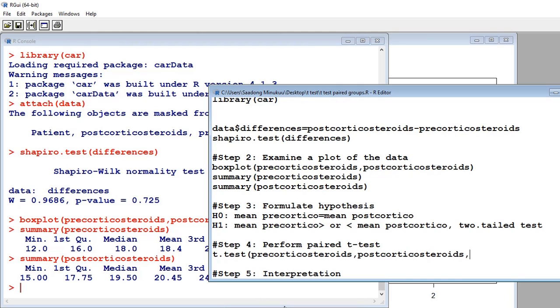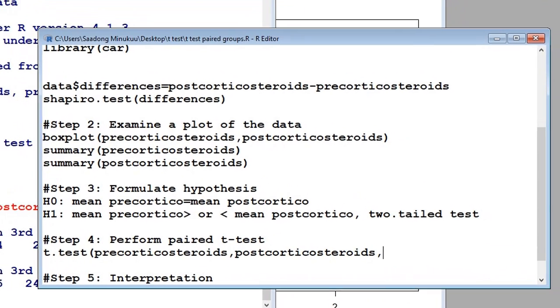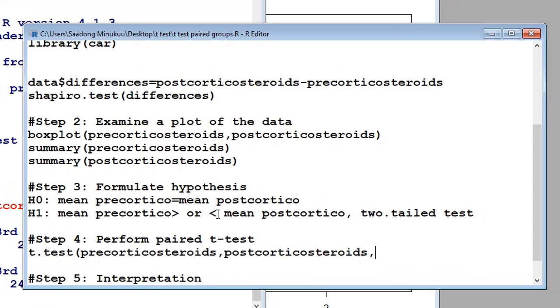Then I put a comma, and then I have to indicate the mean difference within the real population. Since we are saying that the mean pre-corticosteroid is equal to the mean post-corticosteroid, the mean difference mu will be equal to 0.